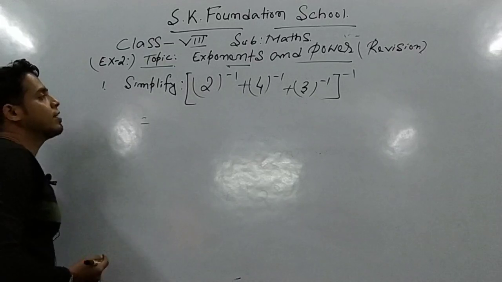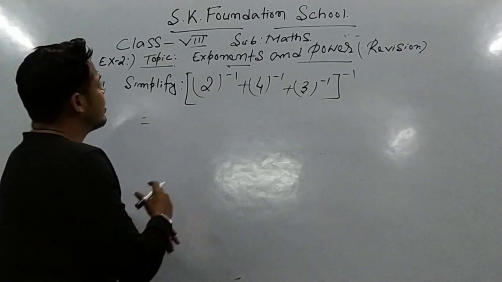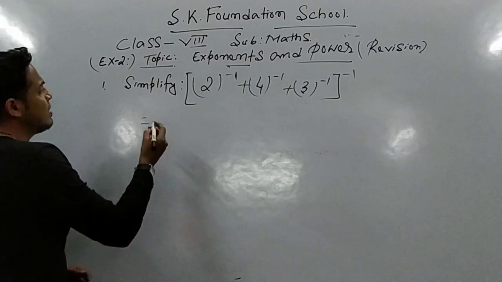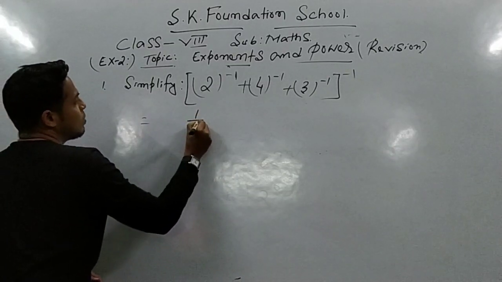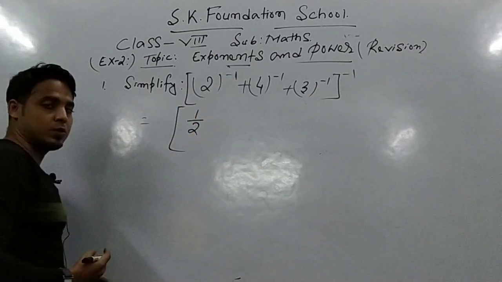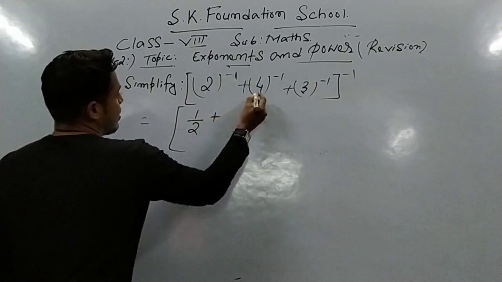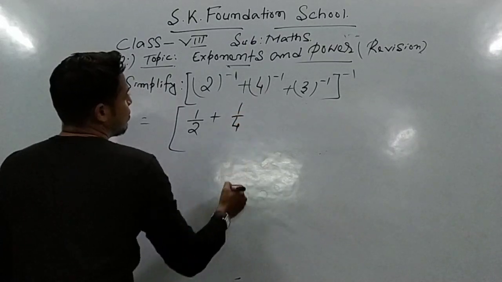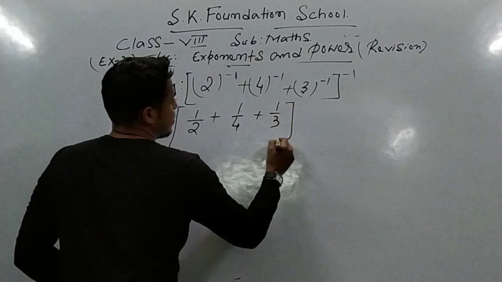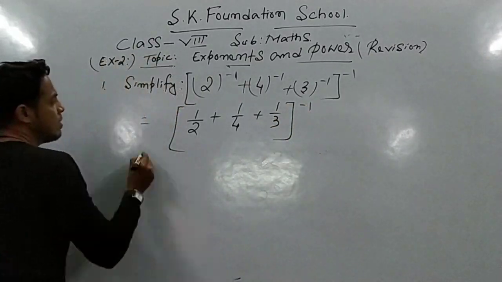We already know that if any number has a negative power, that means inverse, it is represented as 1 by 2. 2 to the power minus 1 means 1 by 2. Same, this one 1 by 4, this one 1 by 3, whole to the power minus 1.